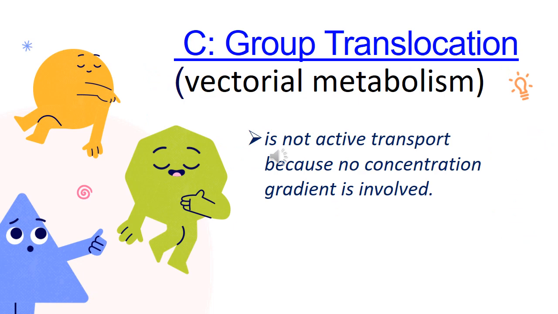In addition to through transport, we also have what we call your group translocation or your vectorial metabolism. So this will not utilize energy and it is not an active transport because no concentration gradient is involved.